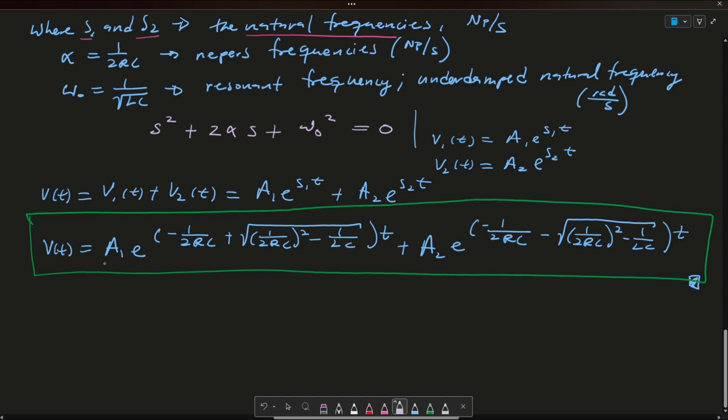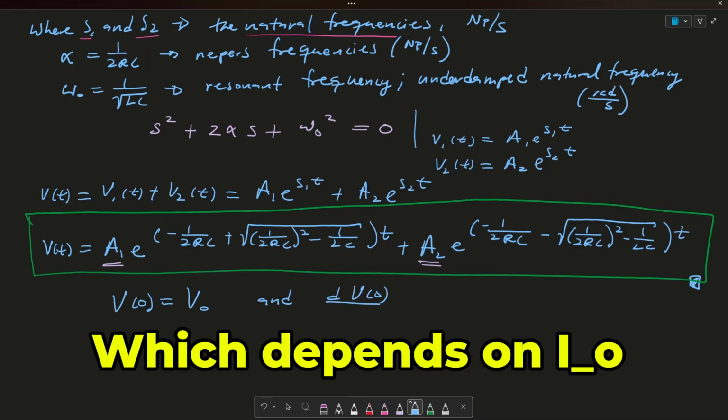And the last thing to note is that in order to find A1 and A2, we need two parameters. And essentially, the two parameters we need are the initial conditions we discussed in case number 1. So we're going to need V0, or the voltage across my capacitor, and dV0 over dt, or the change in voltage across my capacitor. Call this V prime of 0.